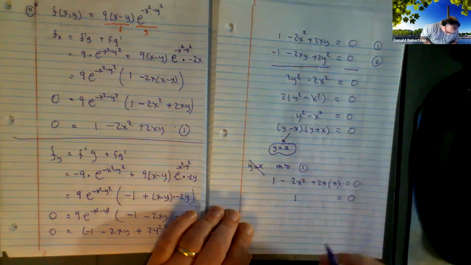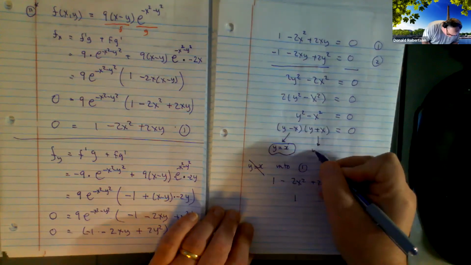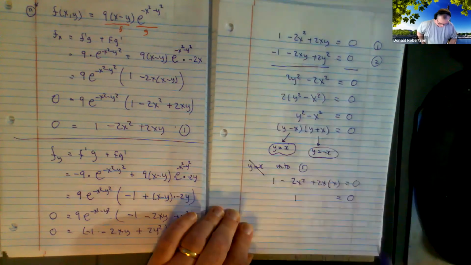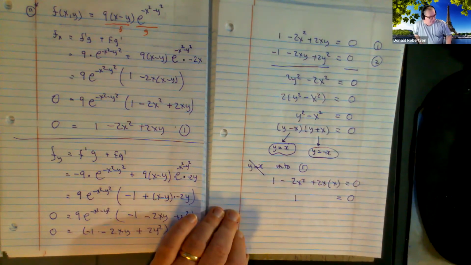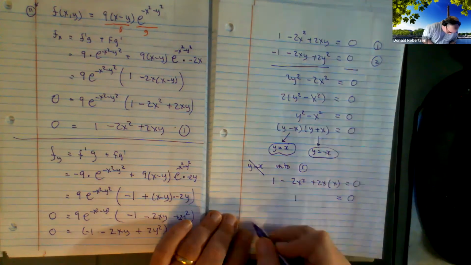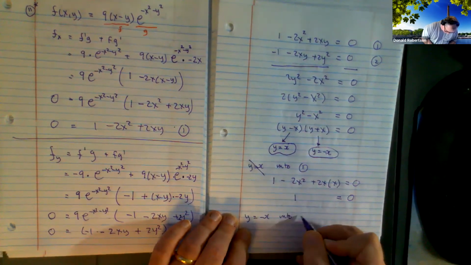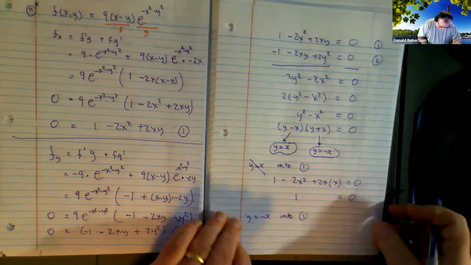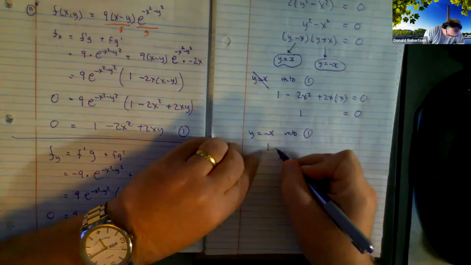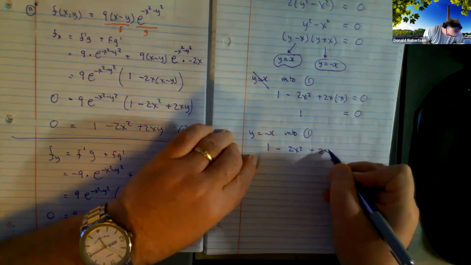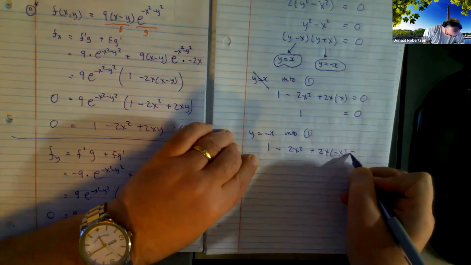Of course, there is another possibility. Couldn't y be negative x? Agreed? Let's try that one out. If I replace y with negative x in equation 1, I get 1, take away 2x squared, plus 2 lots of x times negative x equals 0.